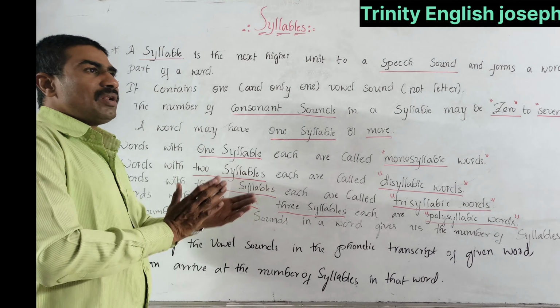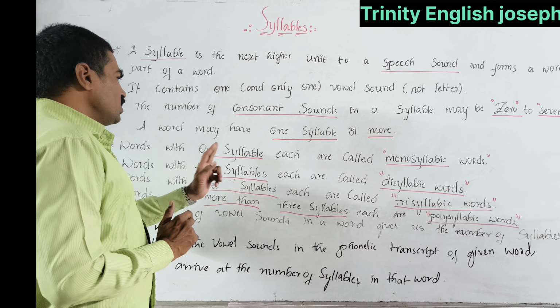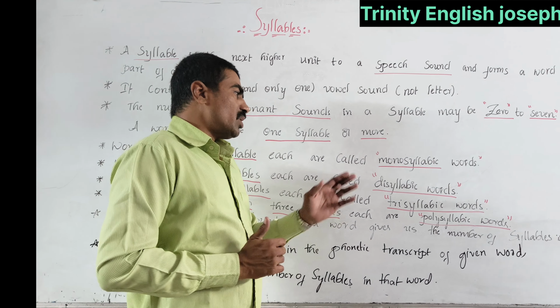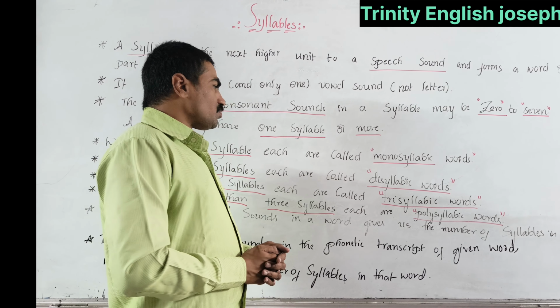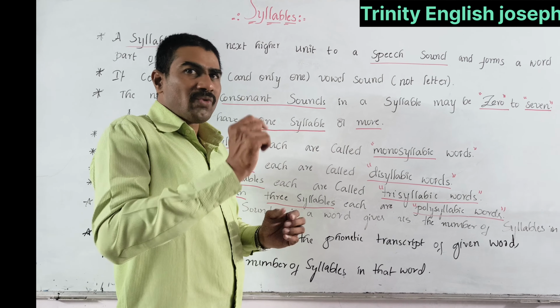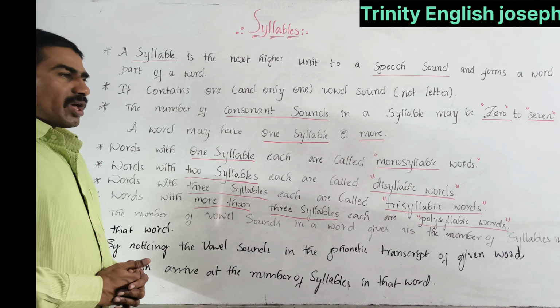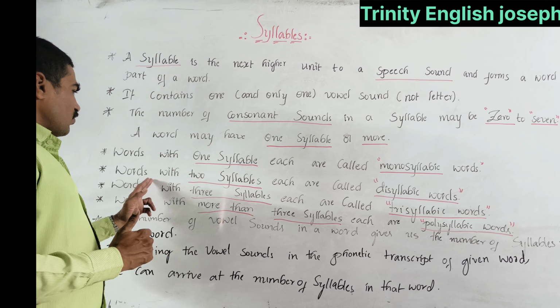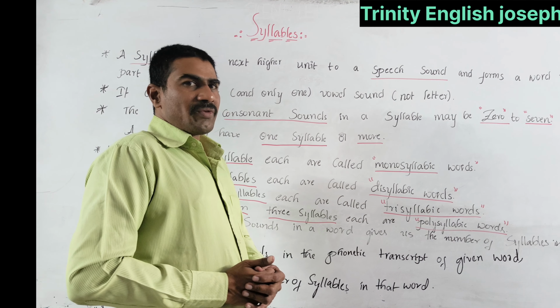A word may have one syllable or more than one syllable. Now these are the different kinds of syllables that we have. Words with one syllable, or one vowel sound, are called monosyllabic words, and words with two syllables each are called disyllabic words.